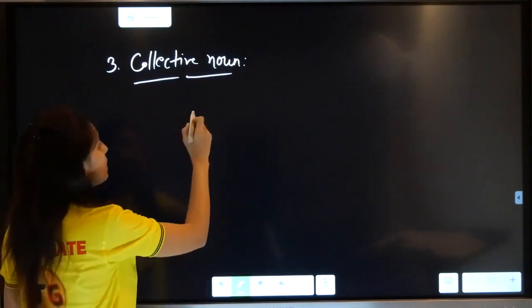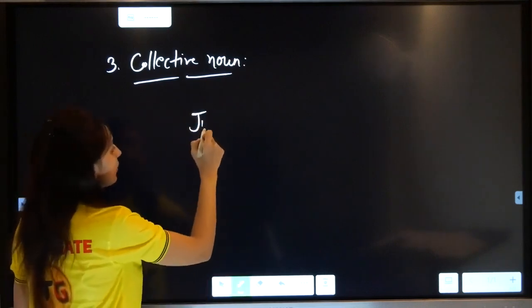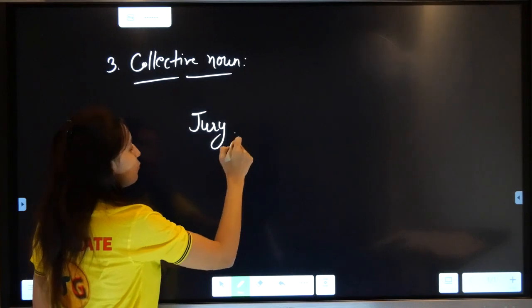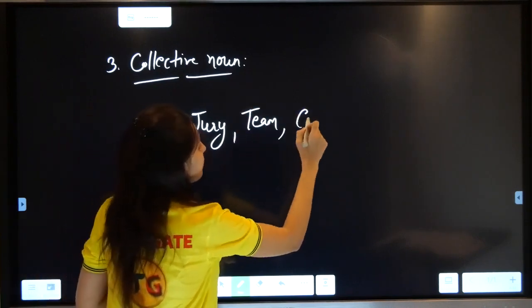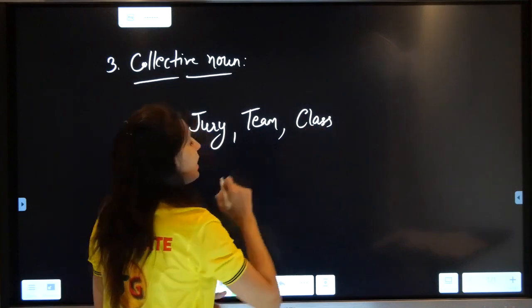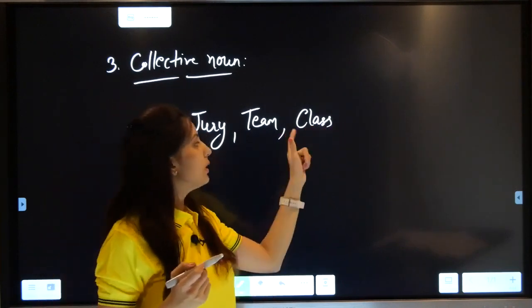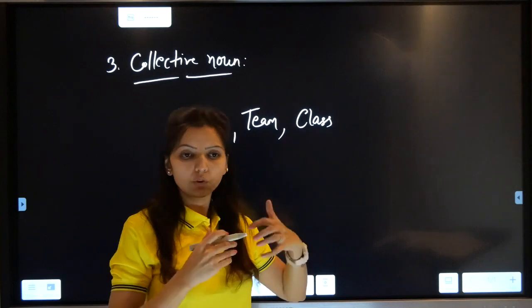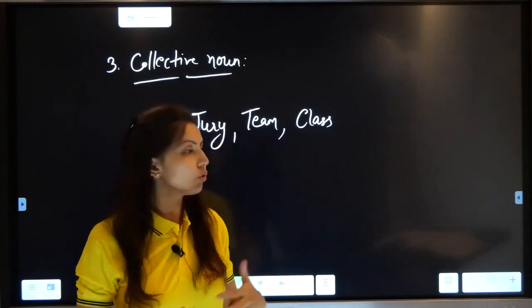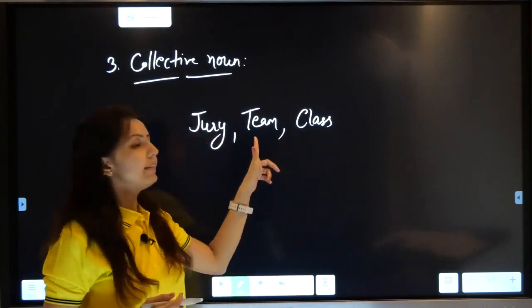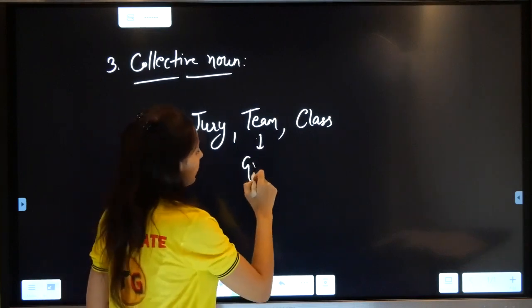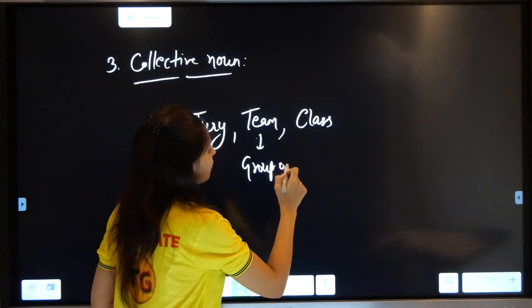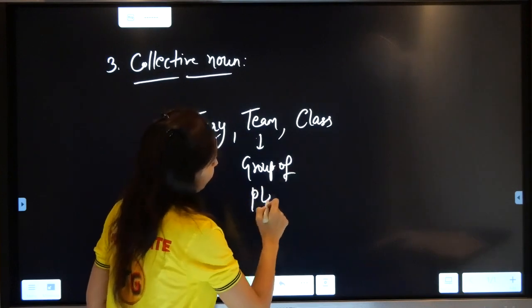For example, if I will say jury, for example, if I will say team, for example, if I will say class, this word class, it means group of students, okay, group of students. If I say team, it means group of players.